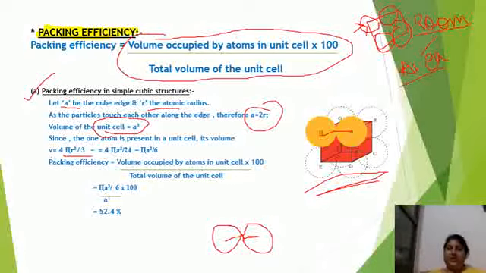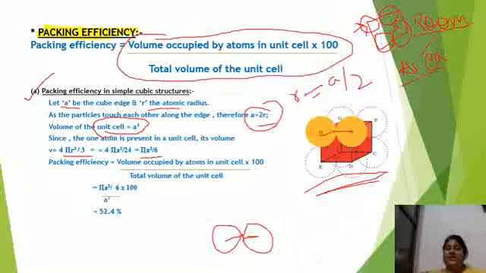Put it over here. Now from here A is equal to 2R, so R is equal to A by 2. We put in this value over here. So what will happen? 4 pi a cube by 24, 4 sixes are 24, pi a cube upon 6.